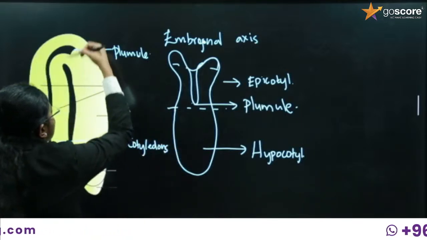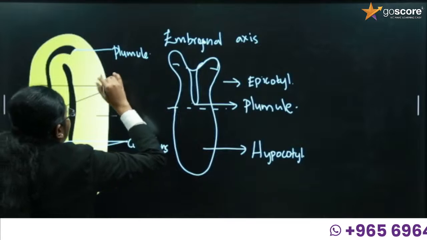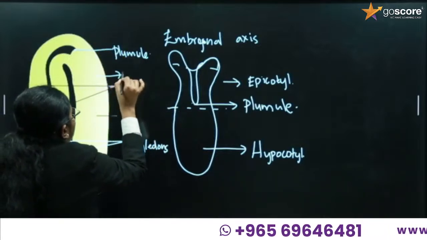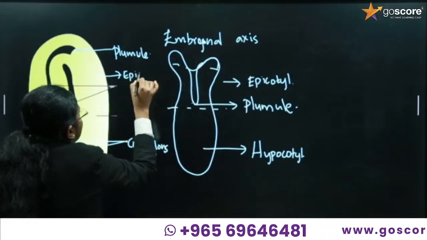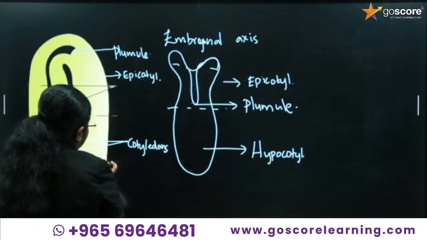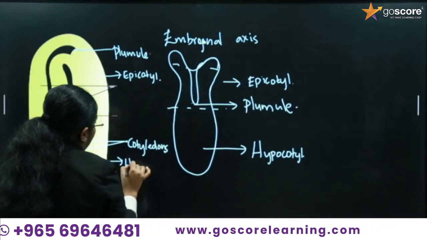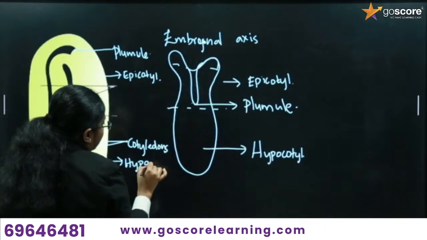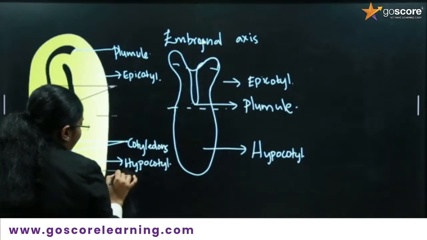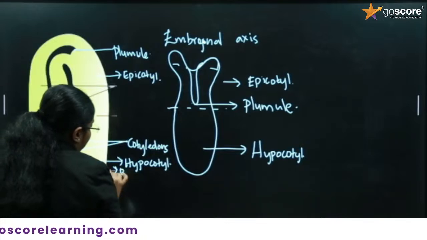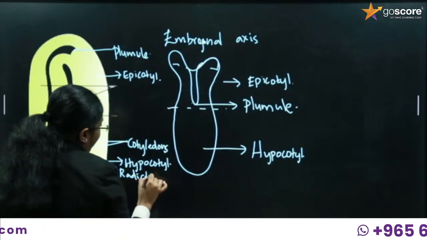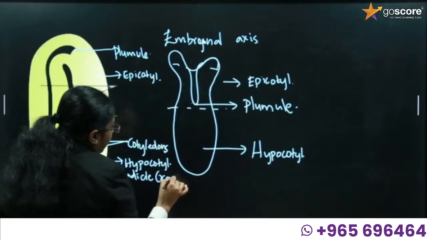The region above the embryonal axis we call the epicotyl region. The region below we call the hypocotyl region. The hypocotyl ends with the radicle, or we call it the root tip.